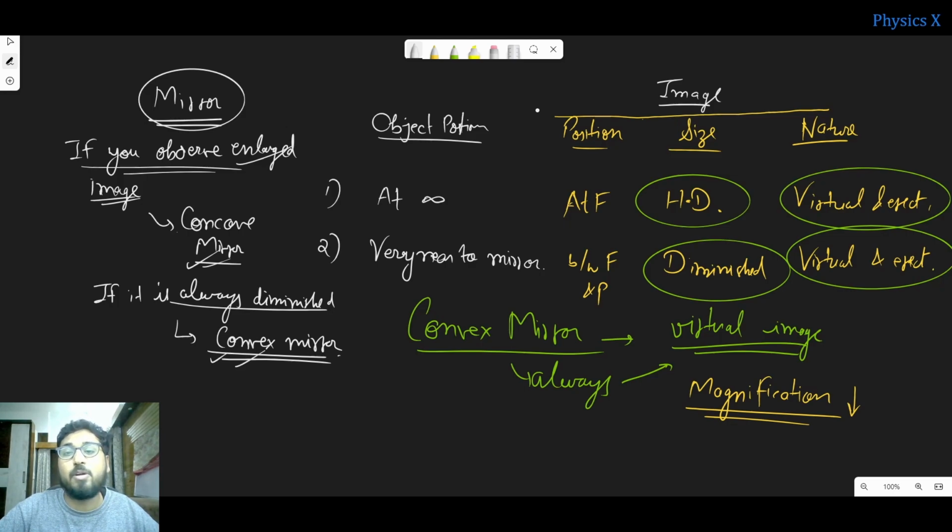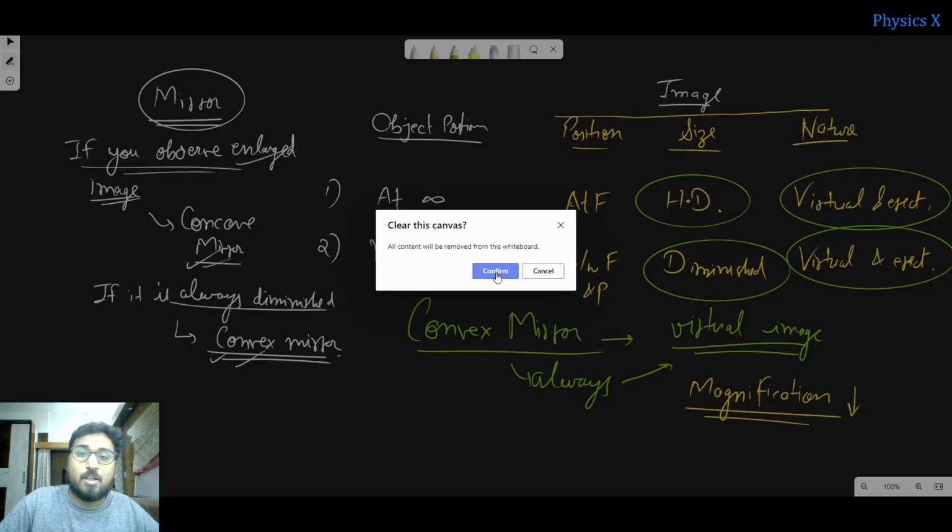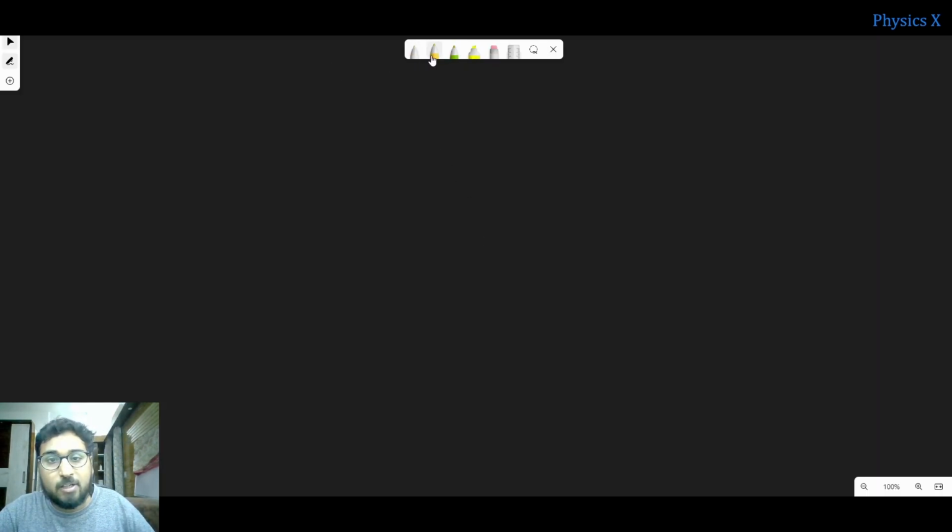These formulas will help in determining where the image will be formed, where the object should be placed, and what the size of the image will be. Now let us discuss the mirror formula.